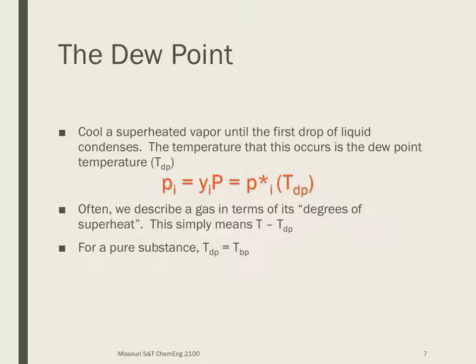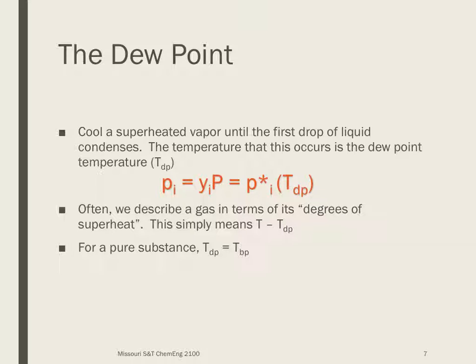So if you have a superheated vapor that contains some gas that could condense, and you cool it just until that moment when the first drop of liquid appears, that's called the dew point. And in that case, our equation, Raoult's Law, is going to apply and be true for the dew point.